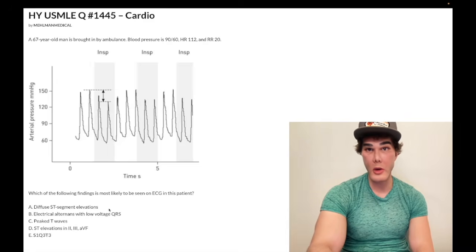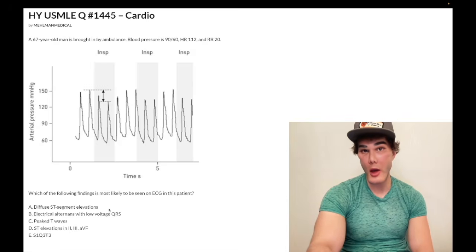Okay, so if they show you an ECG, and they do this twice on the new Step 2 CK NBMEs, they expect you to know that if you have very low amplitude above and below the x-axis for the leads, and also slight fluctuations, that's electrical alternans with low voltage QRSs. So they want you to know that for both simple pericardial effusions as well as tamponade.